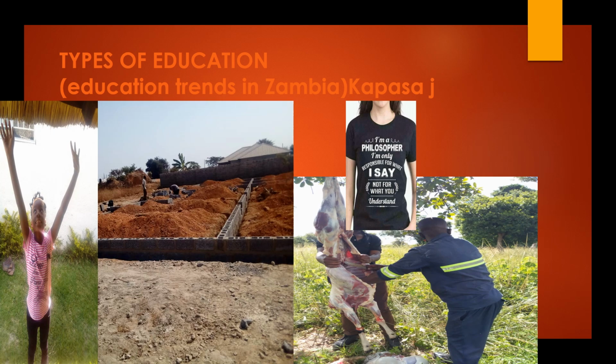So the Phelps-Stokes Commission: in 1924, Caroline Phelps-Stokes set up what is called a commission of inquiry. And this commission of inquiry is what was later called the Phelps-Stokes Commission.